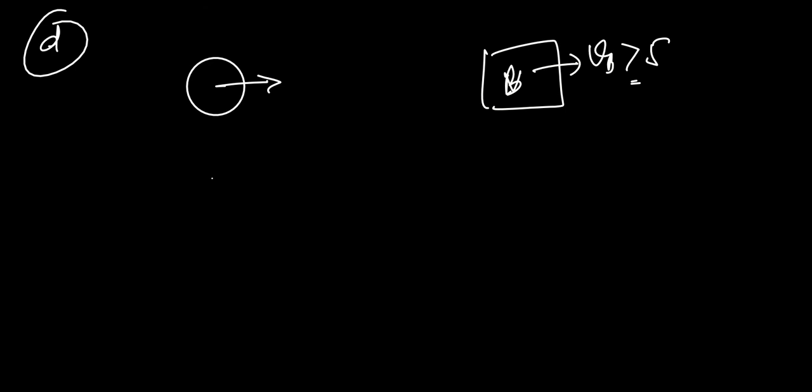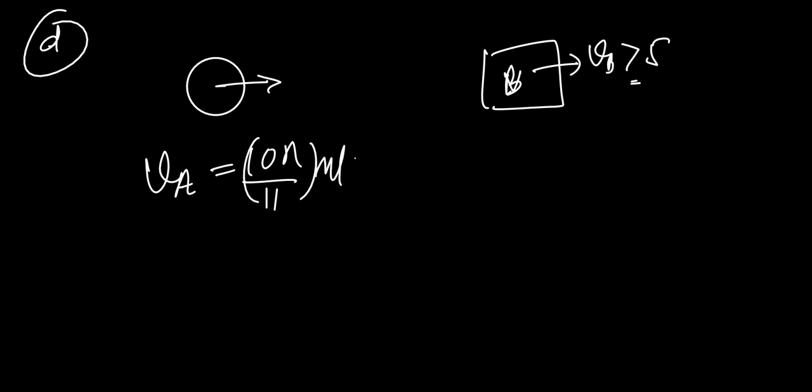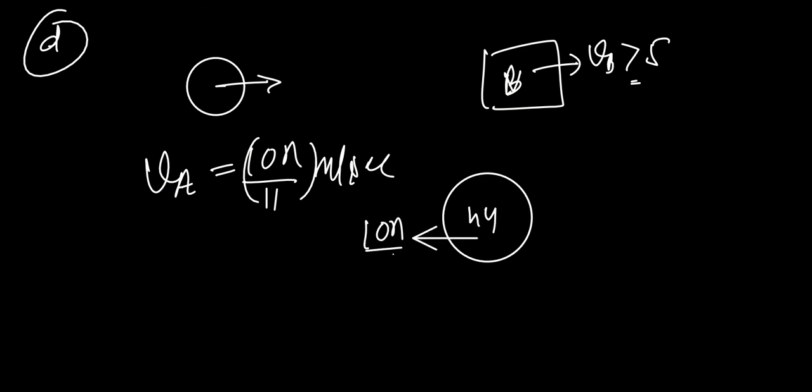Then we can say that at the nth catch, the speed of VA is 10n by 11 meter per second, and the velocity of B is, suppose VB, which is greater than 5. So what is VB? This is 44 and it has a speed of 10n by 11. This is A plus ball, and now this is B, which has a speed of VB, which is greater than 5.